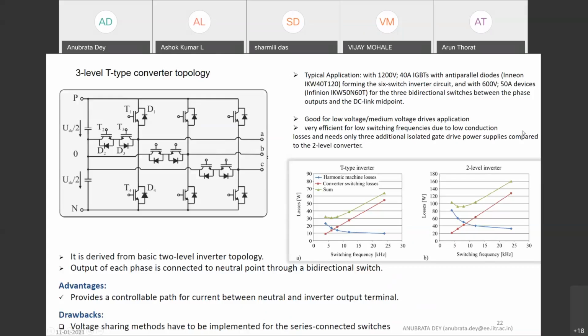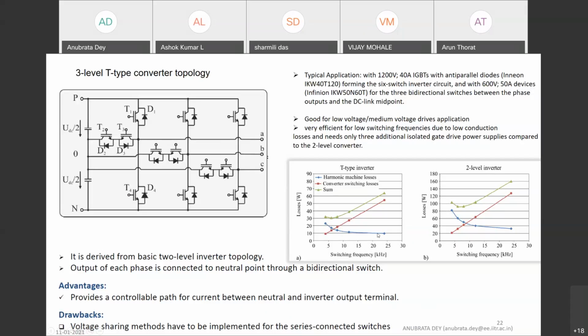Again, if you compare this T-type inverter with variable switching frequency, when you change the switching frequency you will get an advantage in terms of switching losses.